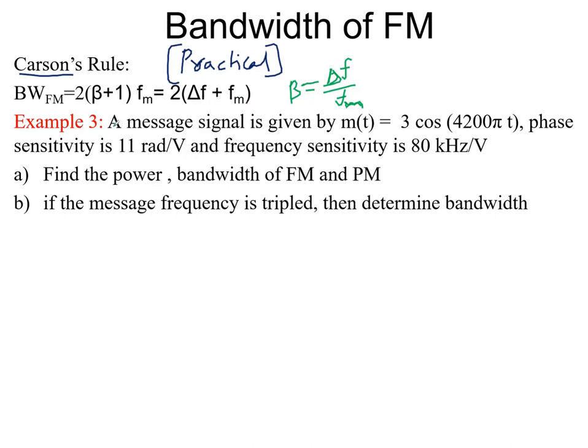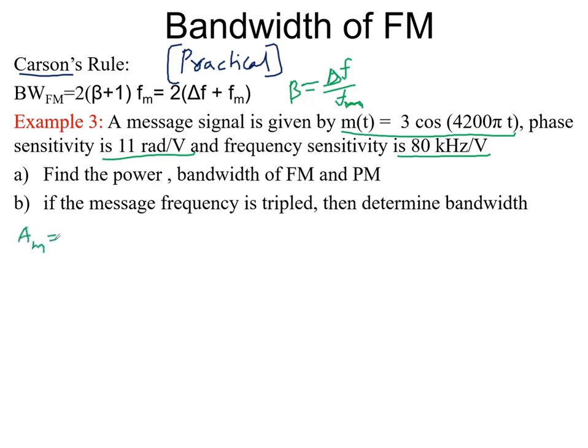Now going to example 3, a problem has been given to you, and I am reading it for your understanding. A message signal is given by m of t is 3 cos 4200 pi t. The phase sensitivity is 11 radian per volt. The frequency sensitivity is 80 kilohertz per volt. From those, I can mention these things.